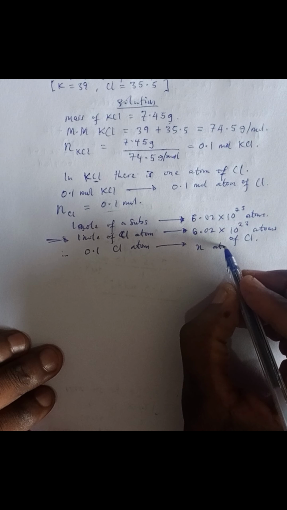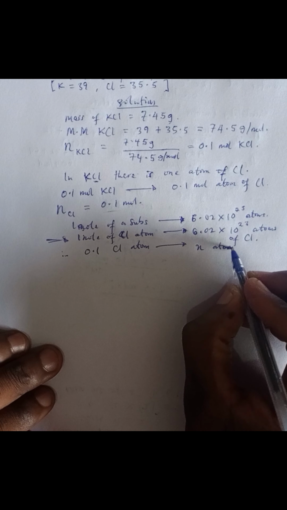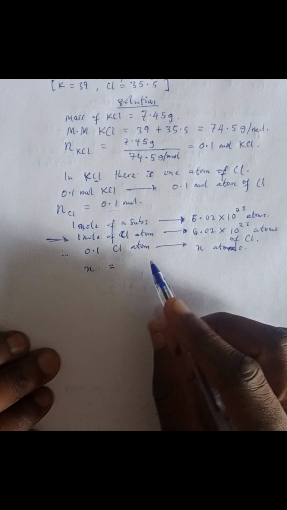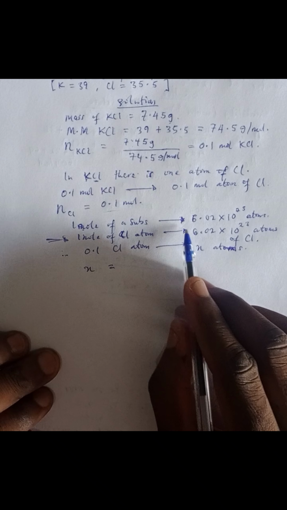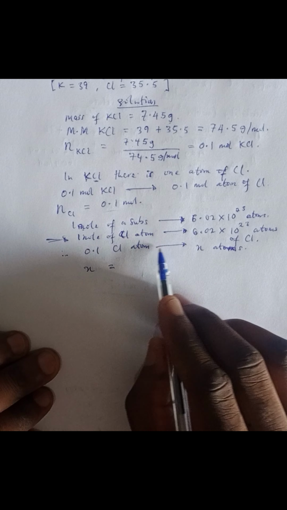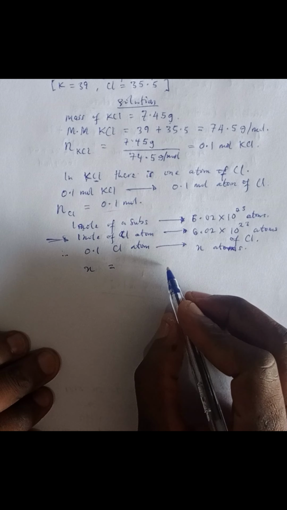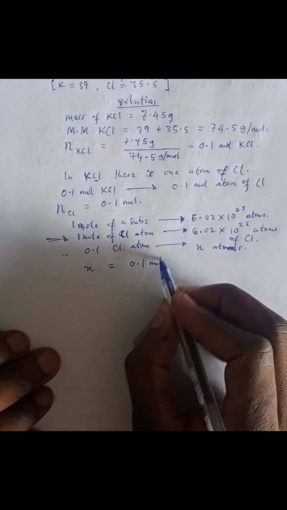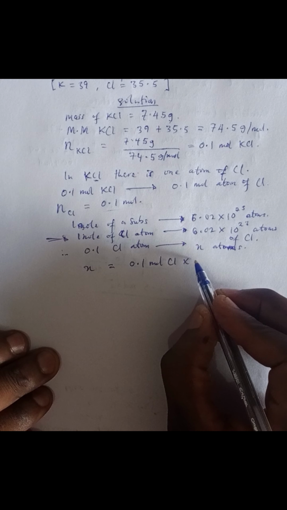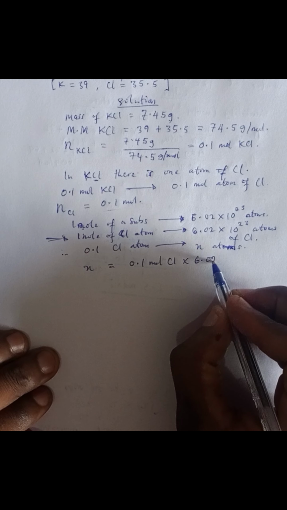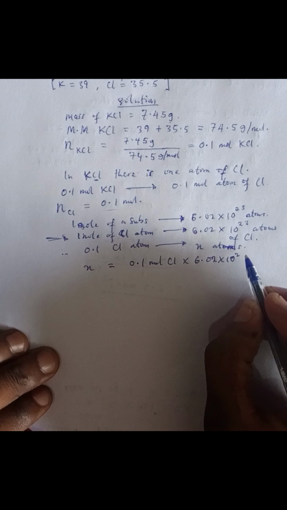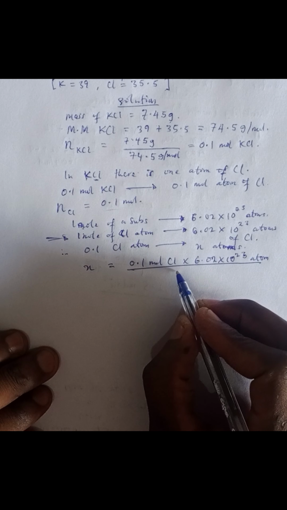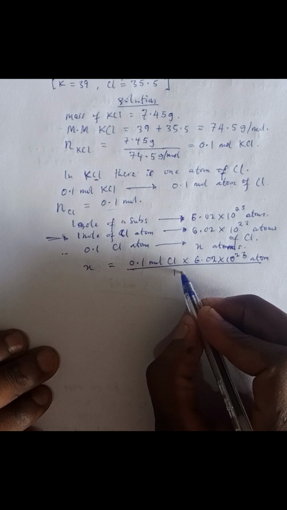Let's say X atoms. We don't know exactly. Now our X will be equal to what? It's like cross multiplying. So you will now have 0.1 mole of chlorine atom multiplying 6.02 times 10 raised to the power of 23 atoms of chlorine divided by 1 mole.